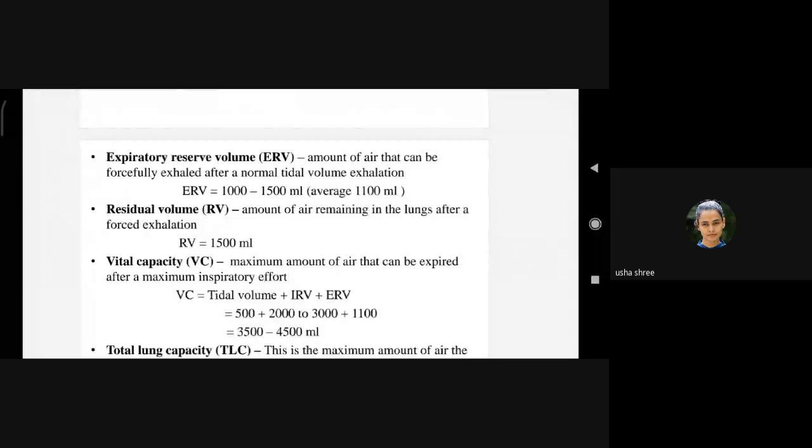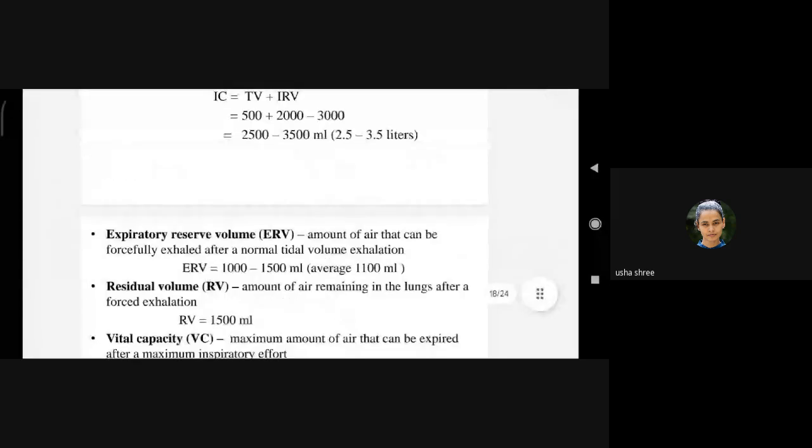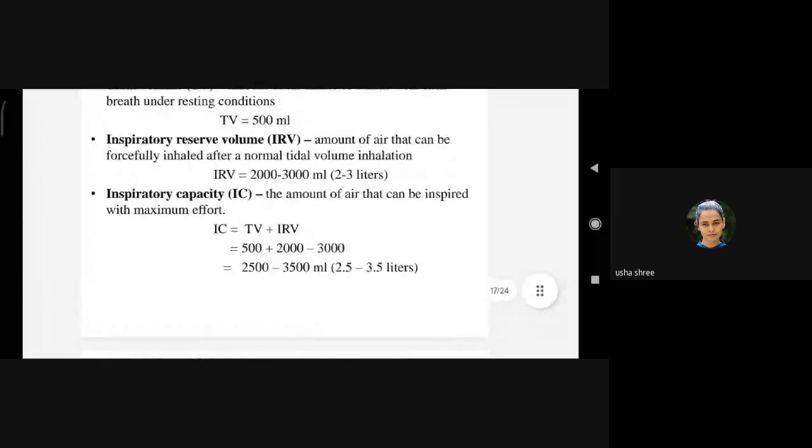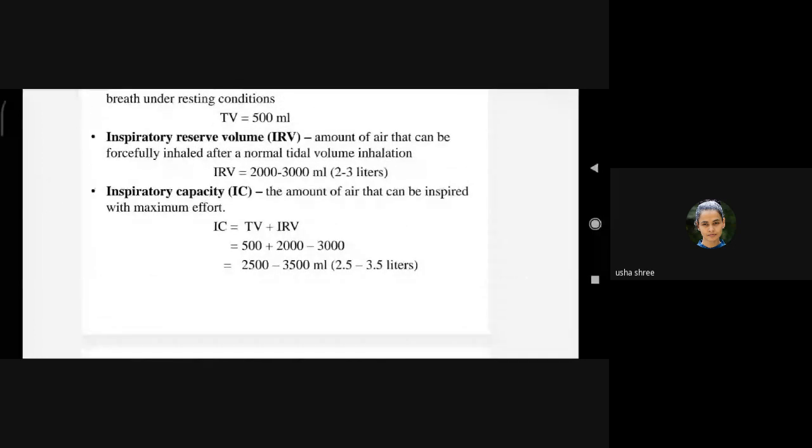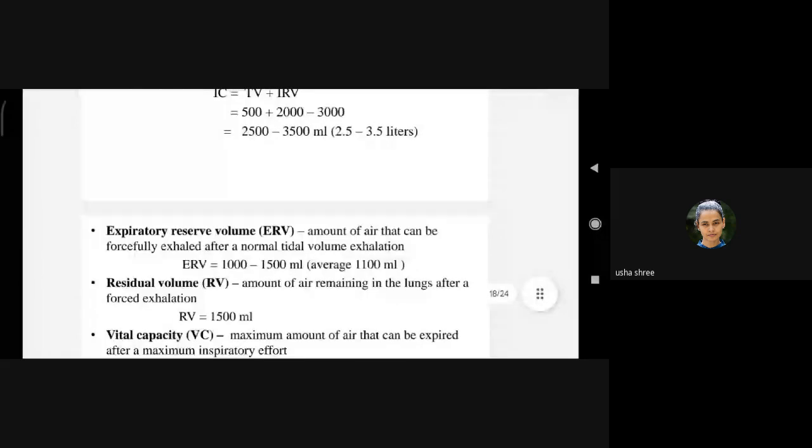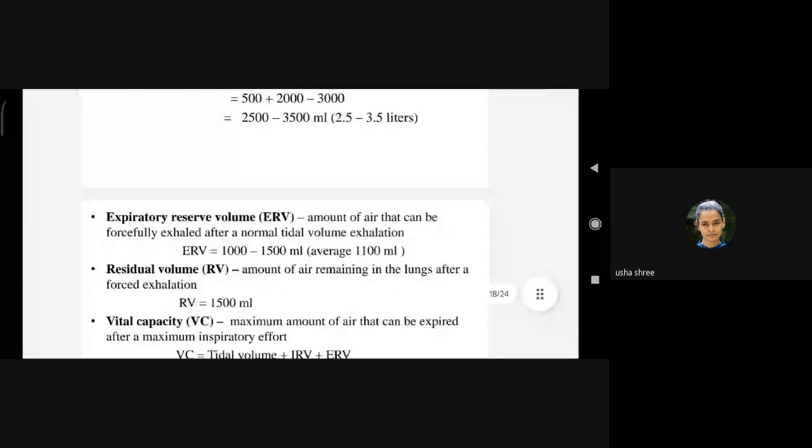When we are breathing out normally, and after that we are forcefully breathing out. Just like inspiratory reserve volume, breathing normally and then forcefully breathing in, and then breathing out normally, forcefully breathing out, that is expiratory reserve volume.